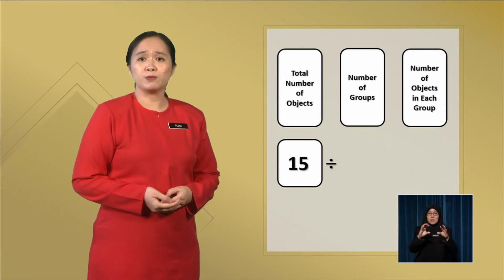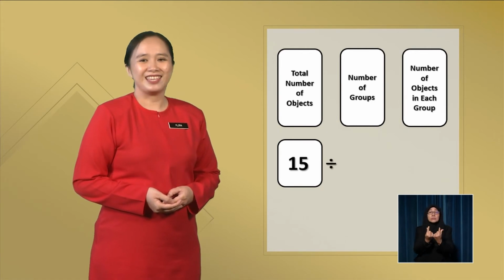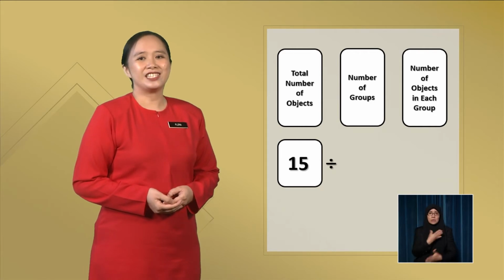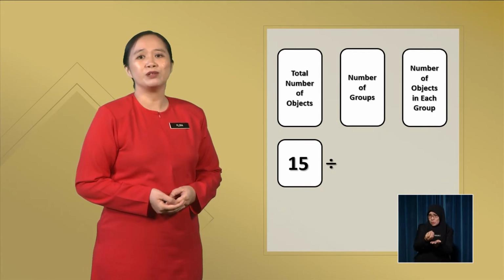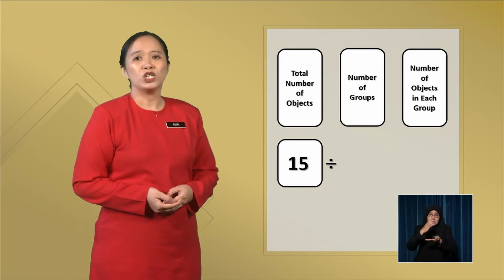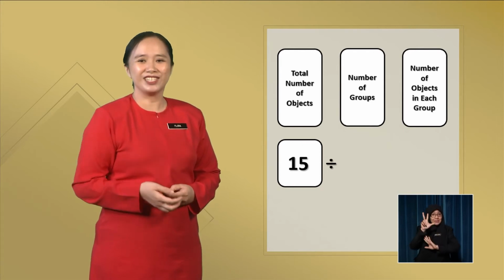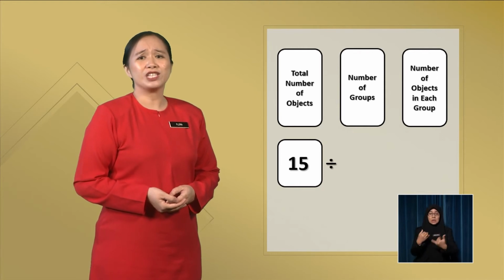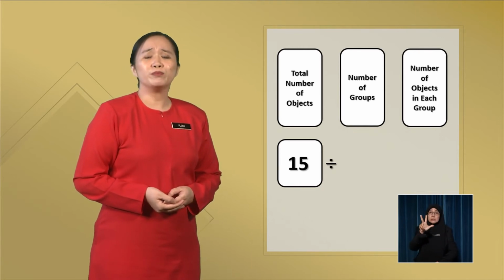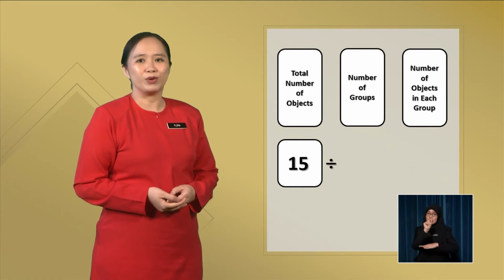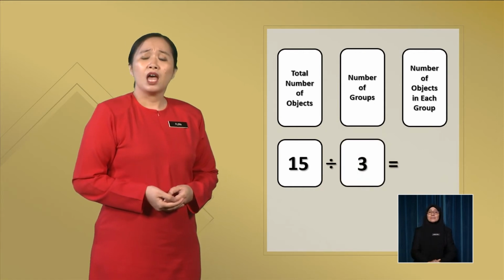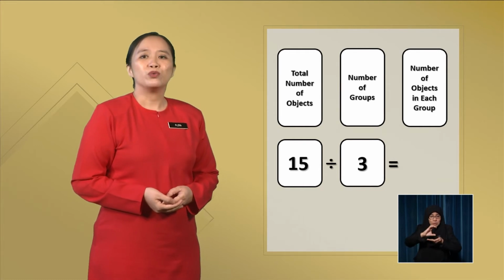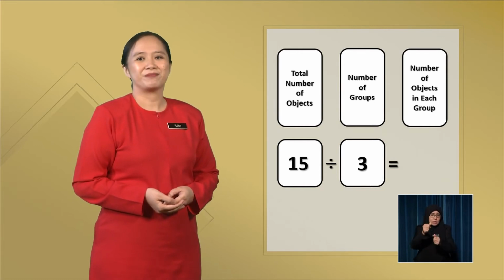How many groups were there? Yes, 3. We had distributed our cereal boxes equally to 3 children. Now we will write 3 followed by the equal symbol. How many boxes of cereals will each child receive?